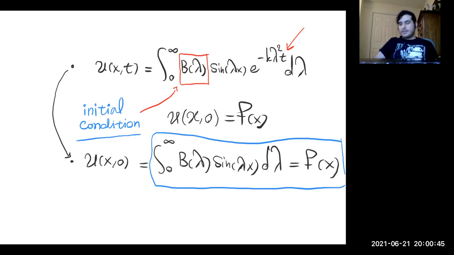Great. So I want to use this to find b lambda. How can I use this to compute b lambda? Does anyone remember? We have seen something very similar to this before, and we solved it.